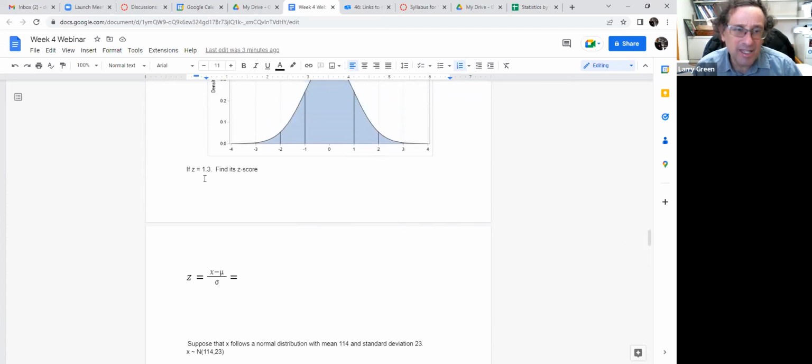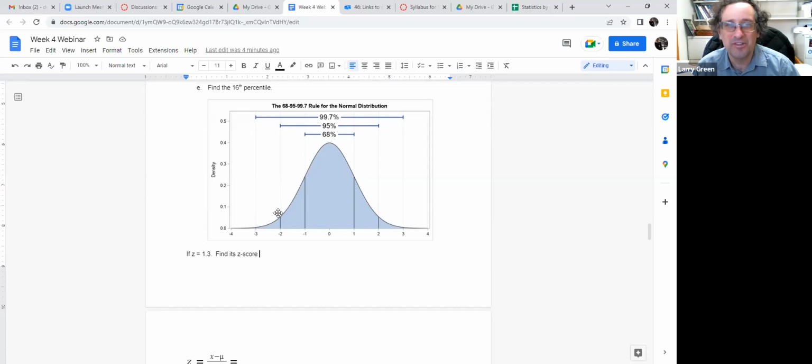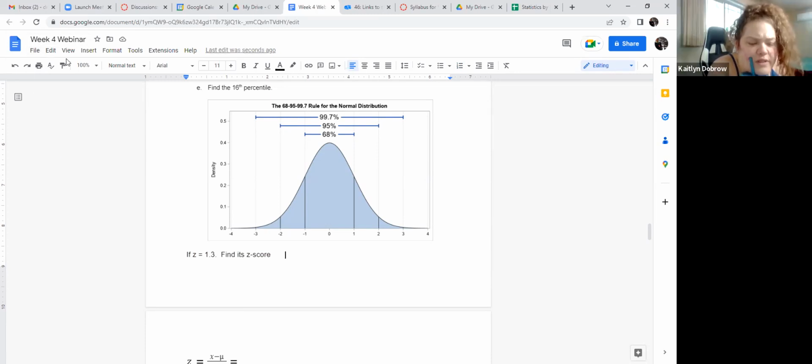If x is 1.3, find the Z-score for the standard normal distribution. Do you all remember the formula for the Z-score?